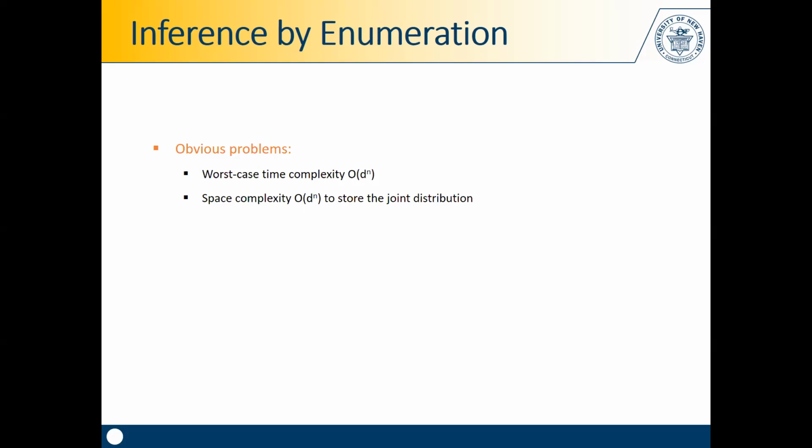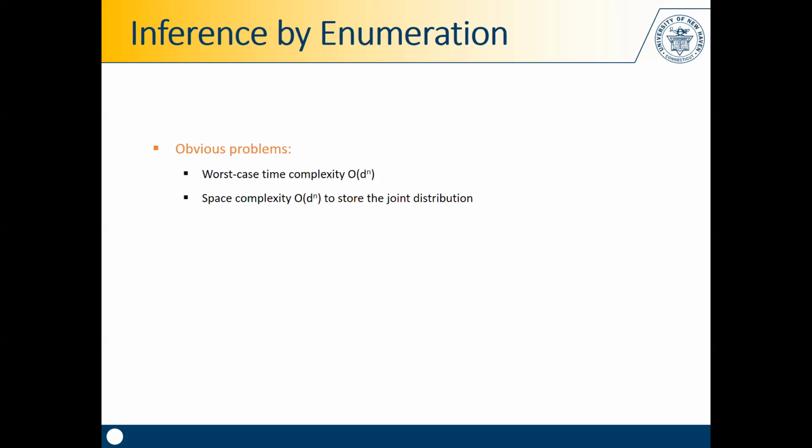So the worst case time complexity of inference by enumeration is in the order of D to N, where D is the size of the domain of each variable and N is the number of variables. Also, the space complexity is very risky when we want to store large joint distributions.